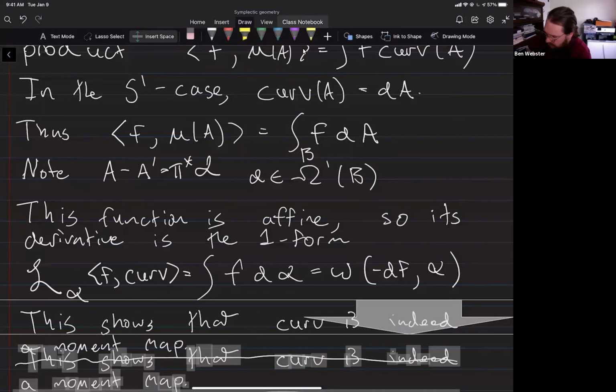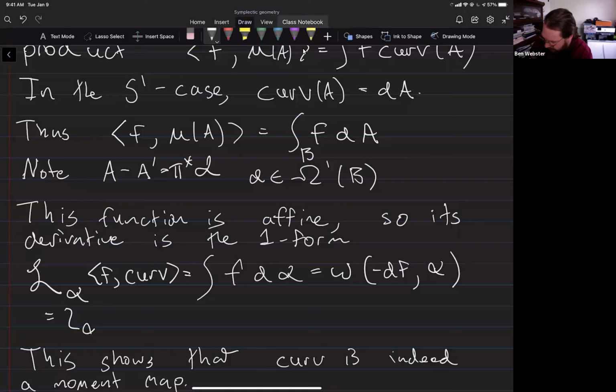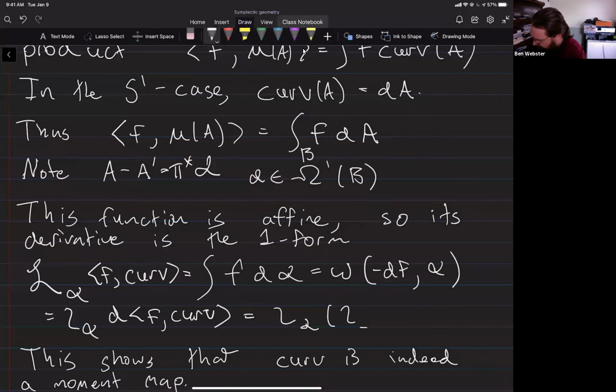So the Lie derivative with respect to A, that's the same as contracting against A the differential of F paired with curvature. And on the other hand, this is contracting against A the contraction against minus df of the symplectic form.